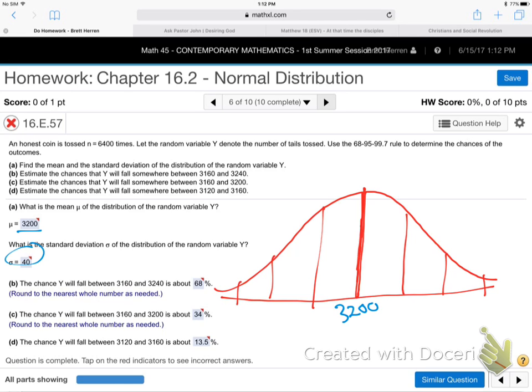And then the standard deviation is 40, so the jump from line to line is 40.